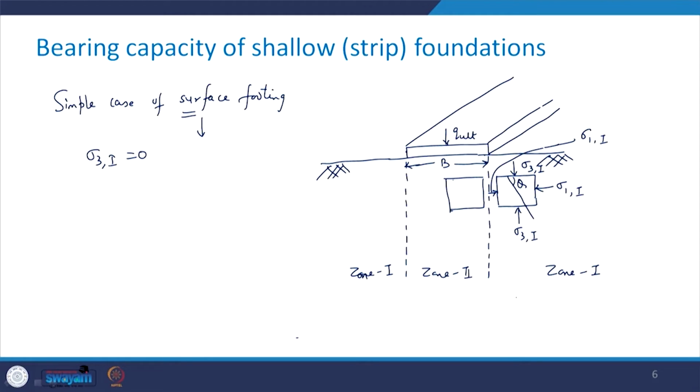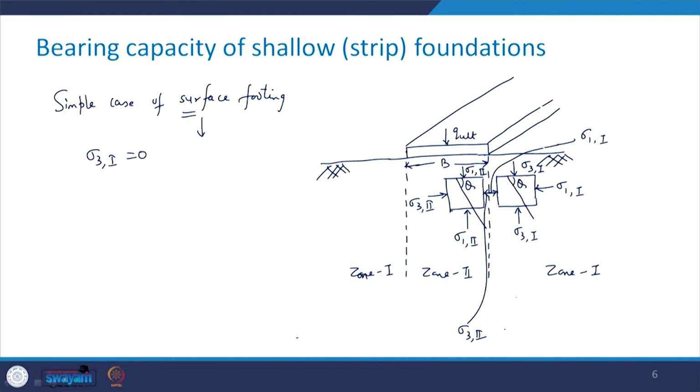Now come to this zone 2. So again here we have this discontinuity which is at an angle of theta. So in this case here we have sigma 1 of zone 2. Let me write it with more clarity here, sigma 1 of zone 2, and here we will have sigma 3 of zone 2. Similarly, here also we will have sigma 3 of zone 2.